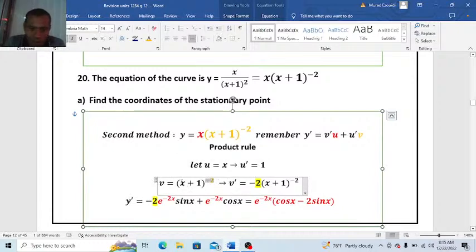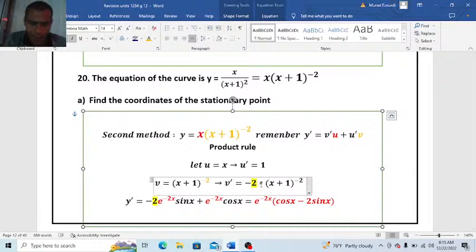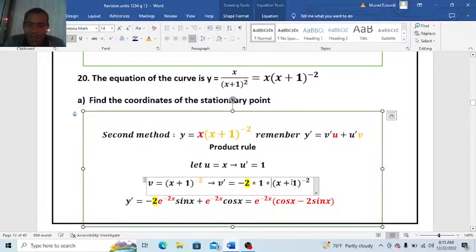Then the first derivative of x plus 1 is 1, so I multiply by 1, and multiply by (x plus 1) to the power negative 2 minus 1.